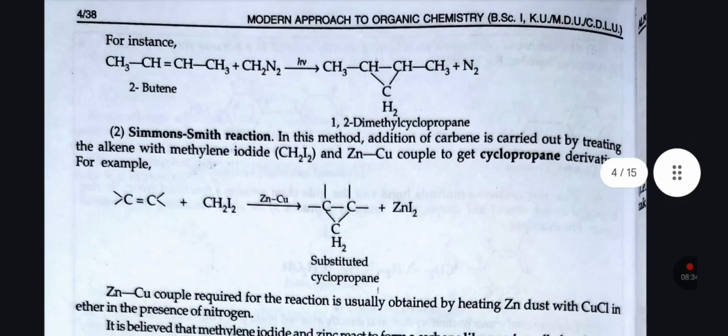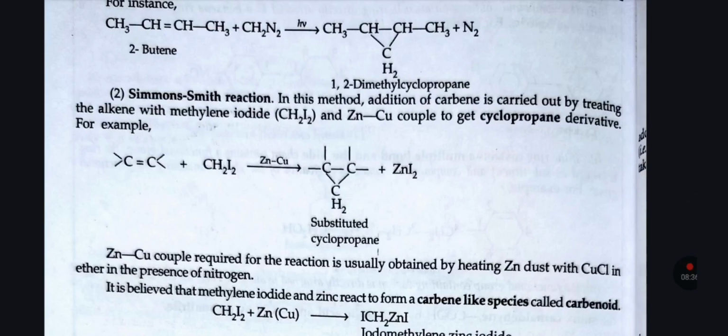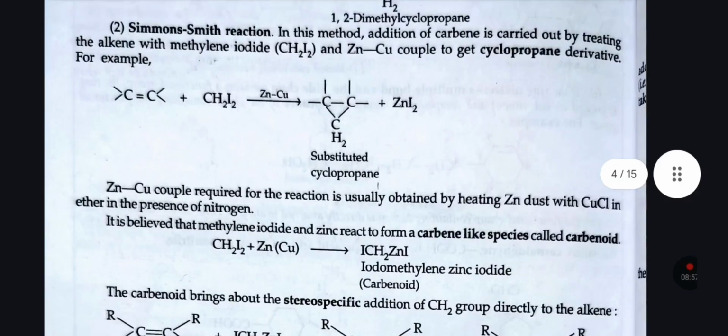Second, Simmons-Smith reaction. In this method, addition of carbene is carried out by treating the alkene with methylene iodide and ZnCu couple to get a cyclopropane derivative. For example, ethene plus CH2I2 in the presence of ZnCu will give cyclopropane plus ZnI2.